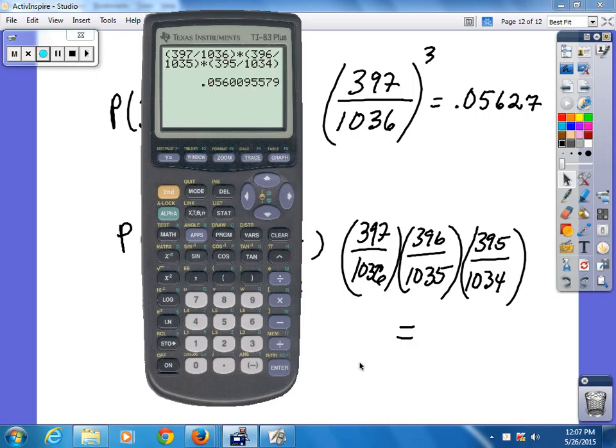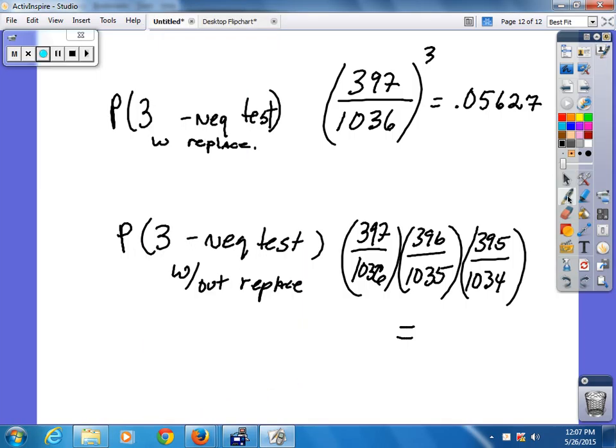And that's going to be equal to 0.05601.